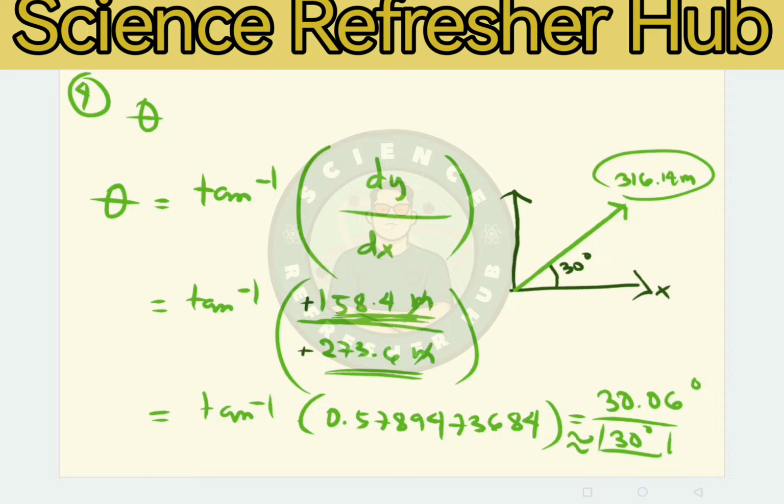That's 30 degrees north of east. Okay, or we can say east, and we will measure 30 degrees north.